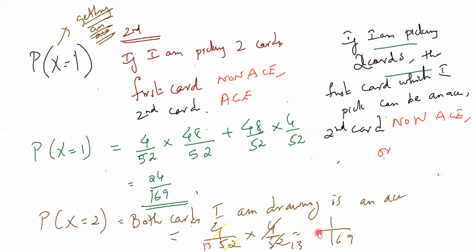Now to verify our answer. So probability distribution in the sense, the next thing is we have to draw the box respectively. This is the most important thing in this. We have to draw a box. So this is my x and this is my p of x.